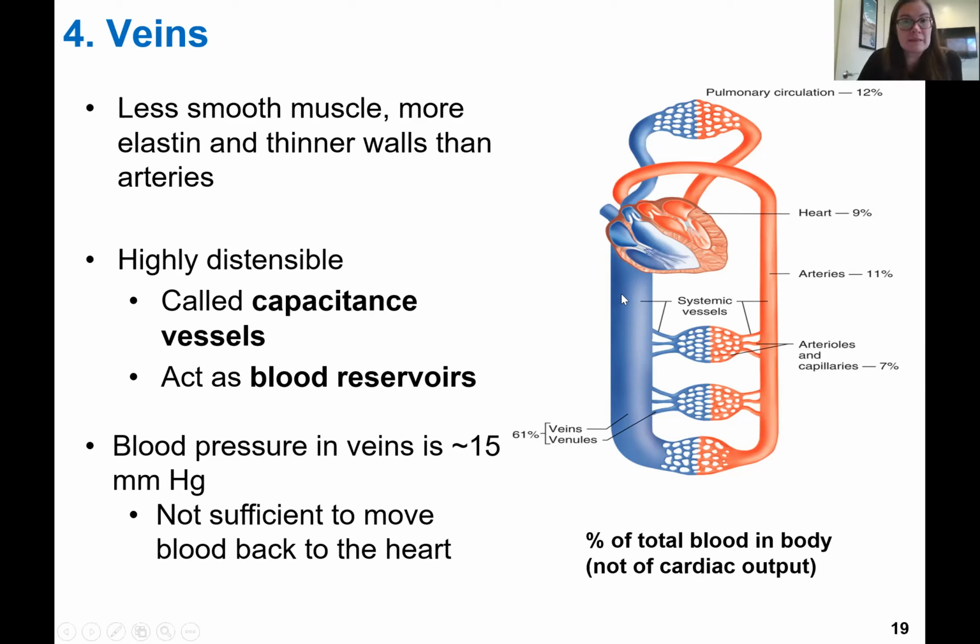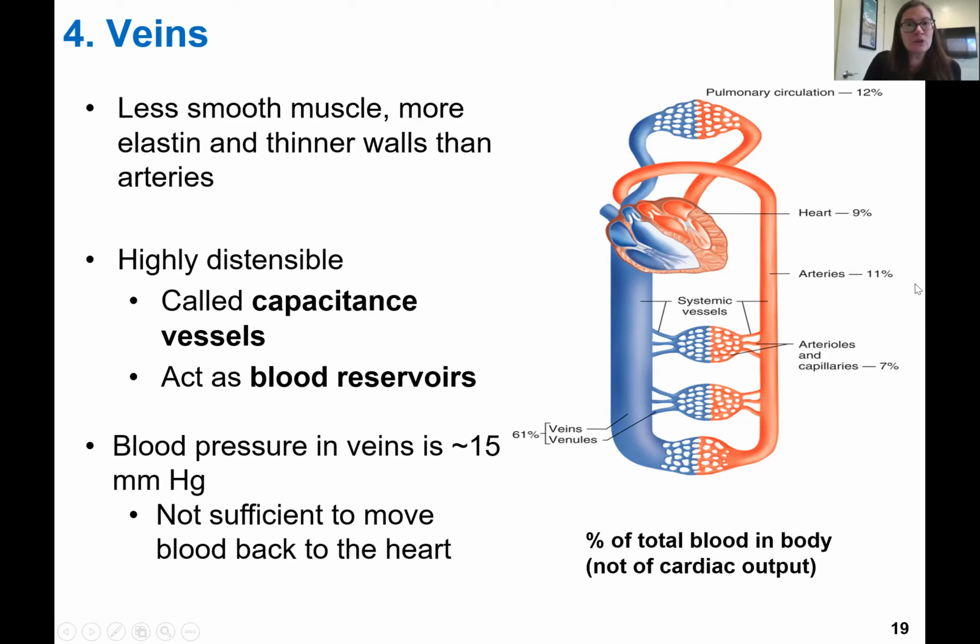So our venous system is where most of our blood is at any given minute in our body. And it acts as a blood reservoir. So greater than 60% of our blood is in our veins and our venules at any given time. Only less than 10% is in the heart. A little more than 10%, 12%, is in the lungs and the pulmonary circulation.